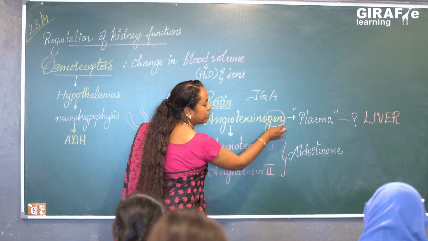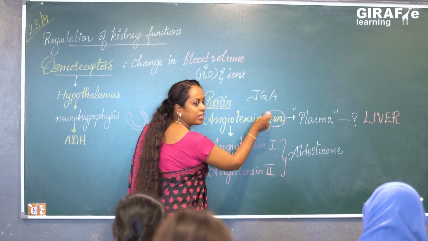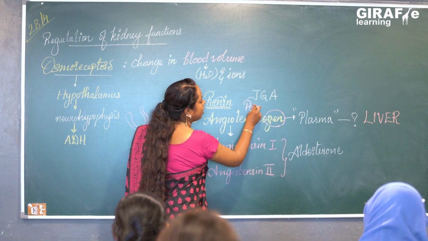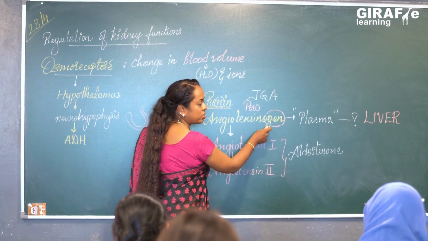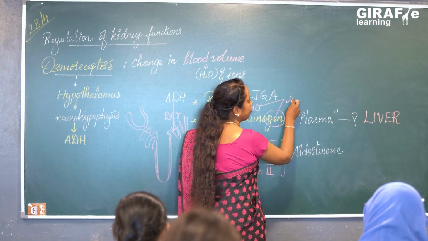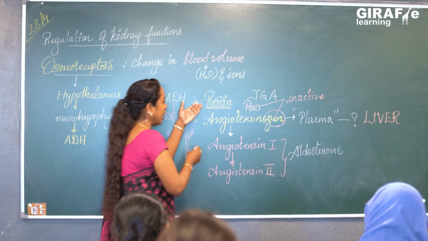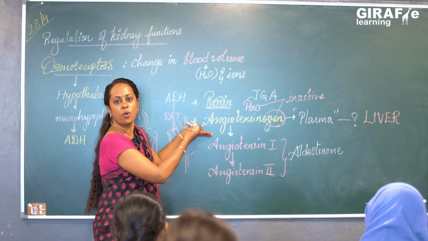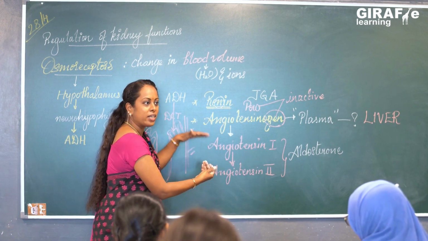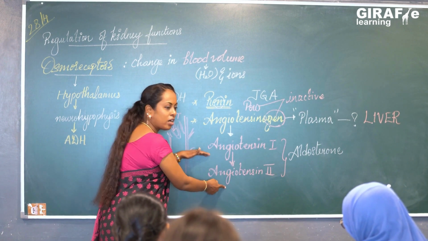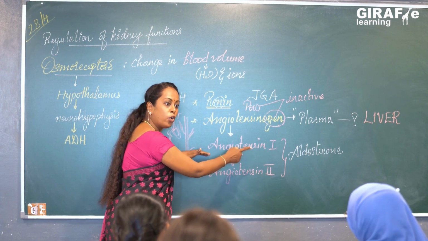See the ending letter. Ending with gen. Either you start with the letter pro or end with letter gen. What do we call them as? Inactive. So now renin converted angiotensinogen into angiotensin 1, which later gets converted into angiotensin 2.